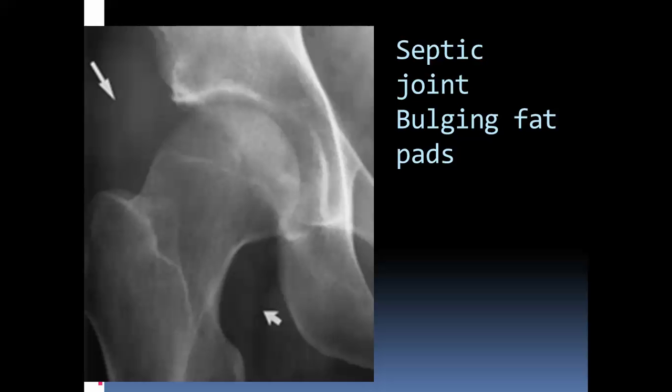Septic joint bulging fat planes, if there is inflammatory process in this joint, we can find any bulge of the soft tissue, whether of the medial side of the capsule or outer side of the capsule. This means that the fat beds or the fat planes will be bulging, and indicates that there is accumulation of fluid within the joint capsule.